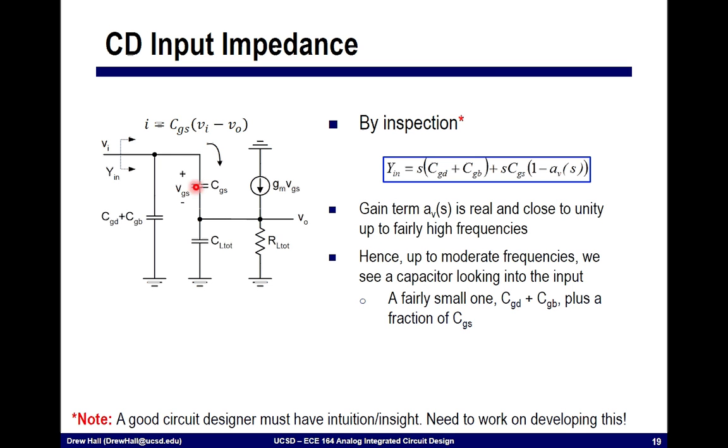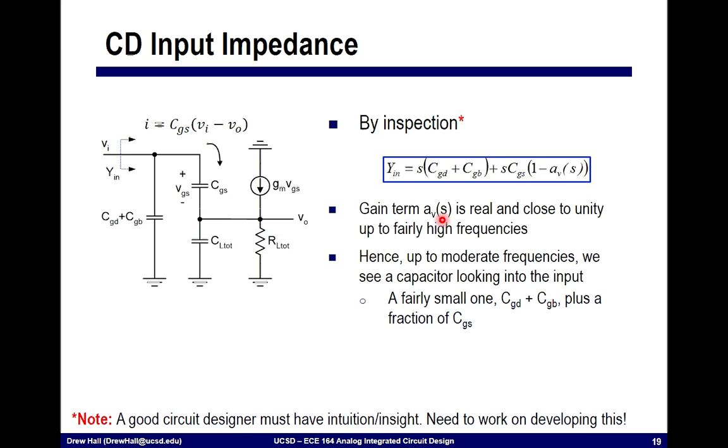We can use that property to very quickly write the admittance. So we see this capacitance, which we can write the current through, and we know what happens with CGS in terms of its input and its output terminals. I'll leave that as a quick aside exercise if it's not obvious to you how this works.